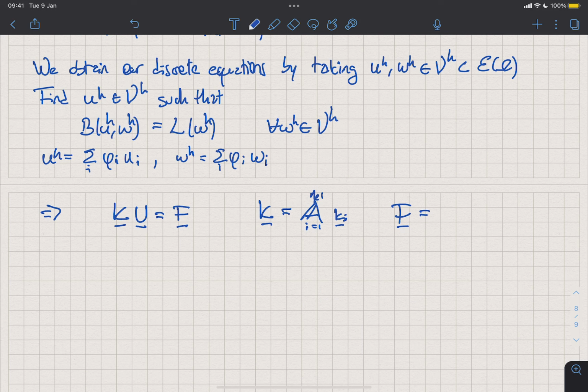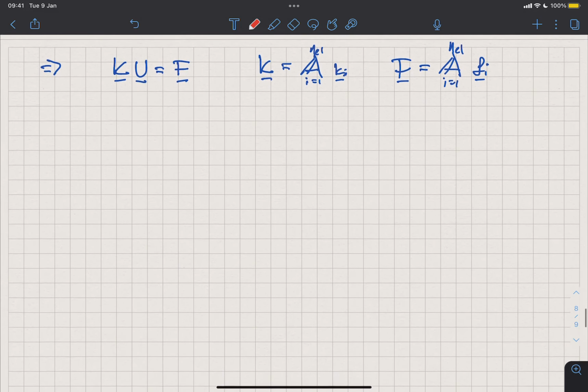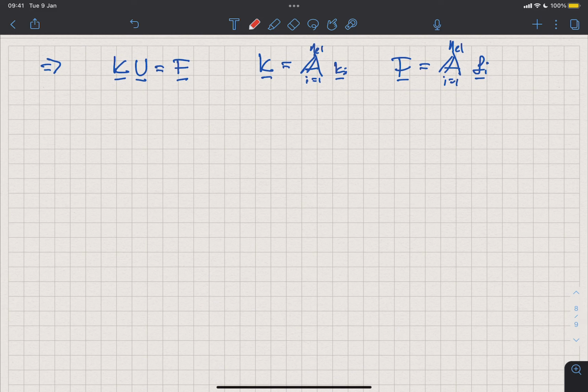The global force vector is obtained as the assembly of the contribution of all the finite elements. Okay, so very straightforward. Now we're going to jump immediately to the heat conduction in higher dimensions, and what you will see is that pretty much everything we did right now in 1D is the same in higher dimensions with one or two subtleties.